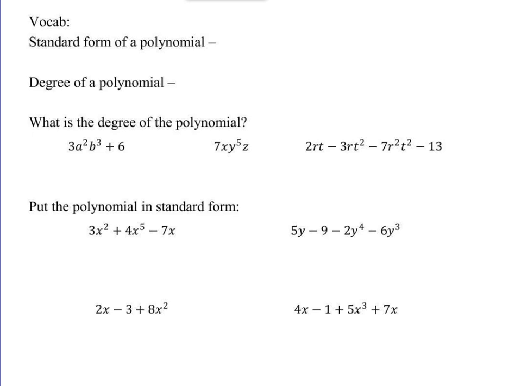Here are a couple more vocab words that we got to deal with here. Standard form of a polynomial and degree of a polynomial. So we already know what the degree of a term is. Talked about that. But what is the degree of a polynomial?